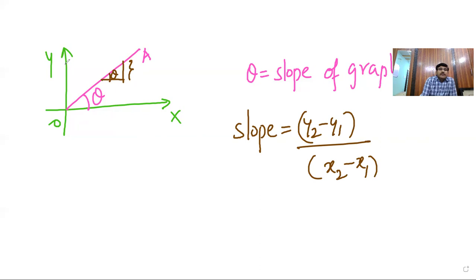Suppose the coordinate here is y2, and here this is y1. Here I am giving a notation.